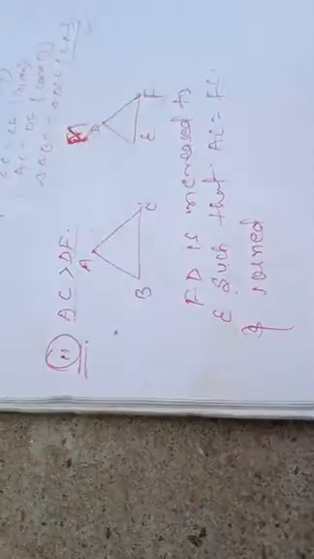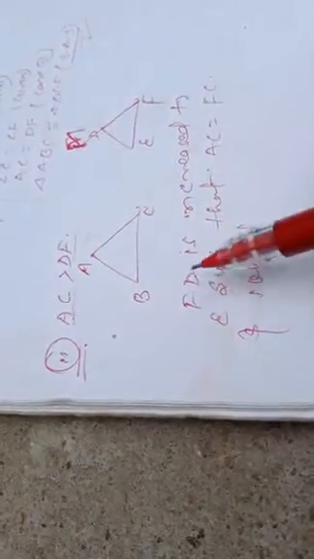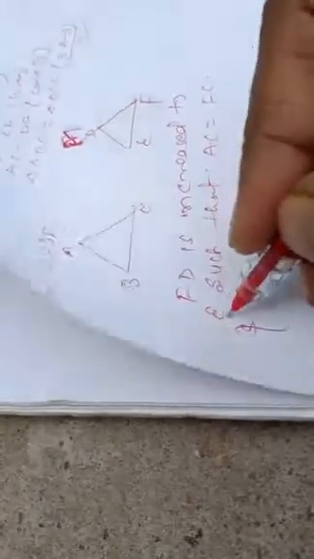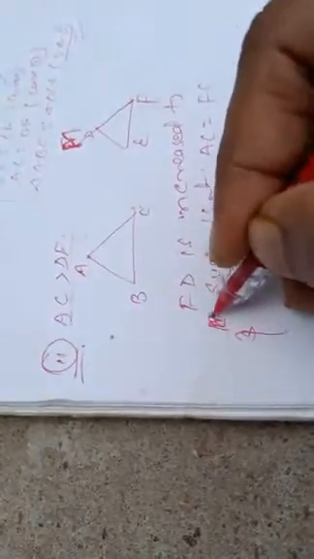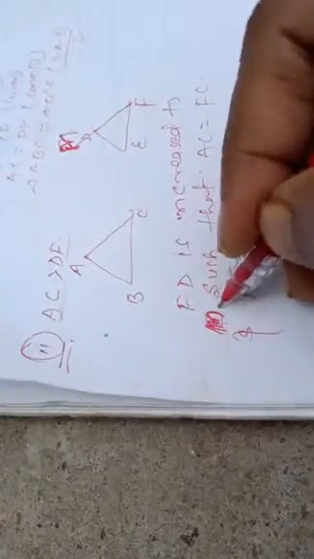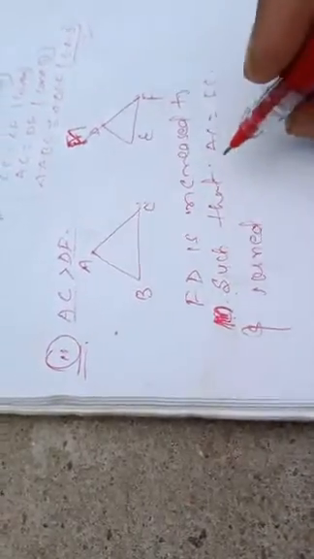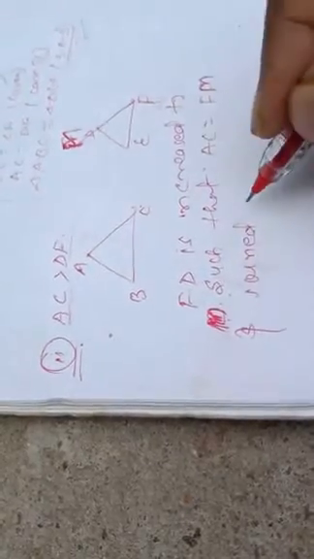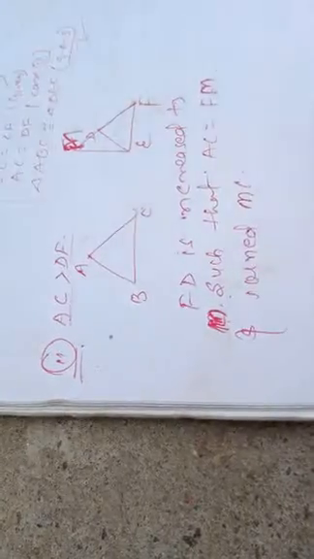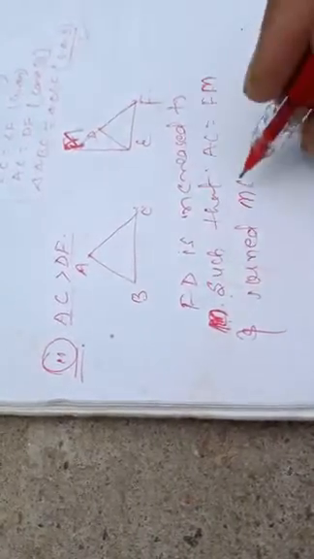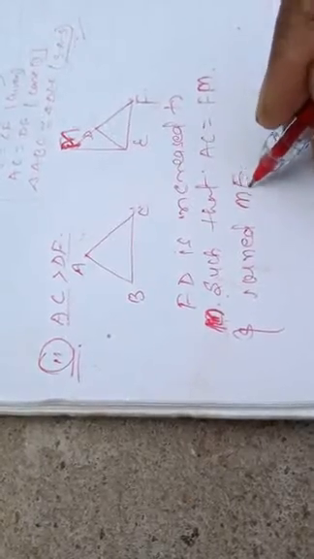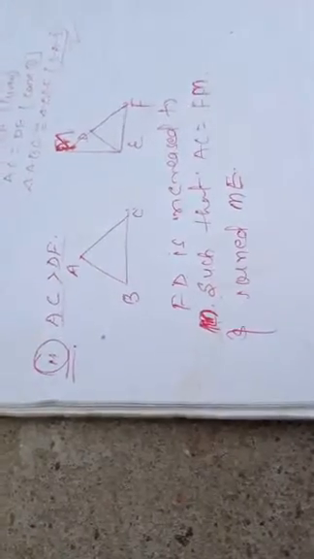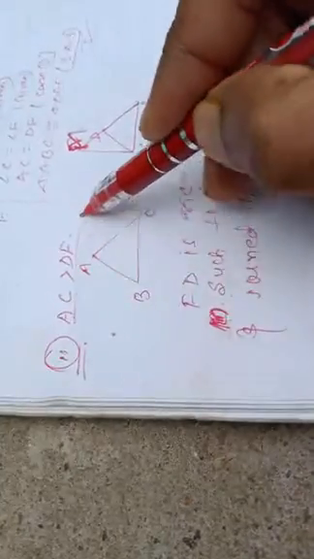Let this point be M. So FD is increased to M such that the length of AC equals FM, and join ME. Clear? This is the construction I have made when the side AC was greater than DF.